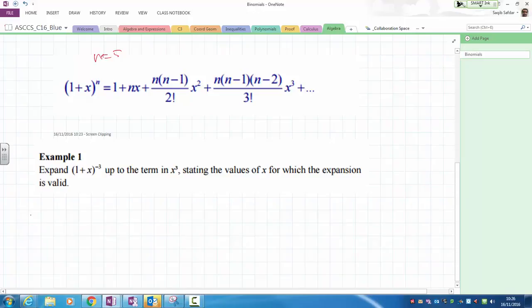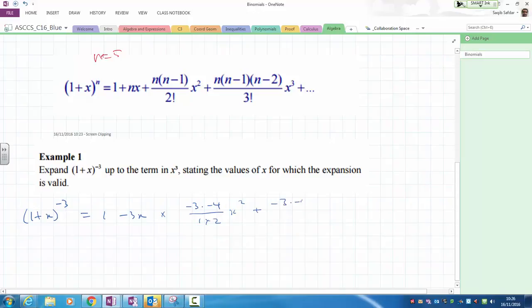So we simply plug and play. So this equals 1 minus 3x times minus 3 times minus 4. I'm using the dot to represent a multiplication. Divided by 1 times 2 times x squared.